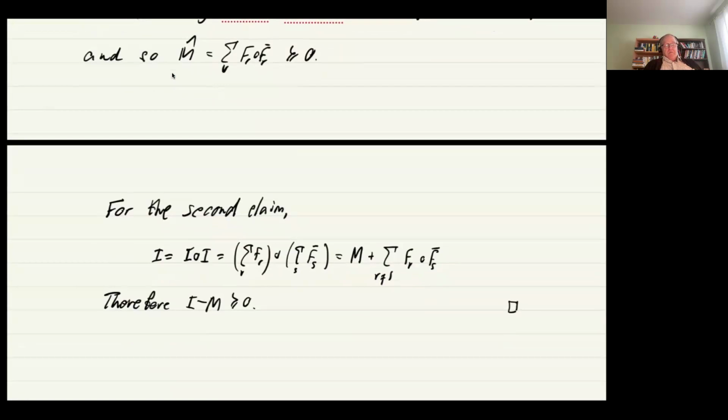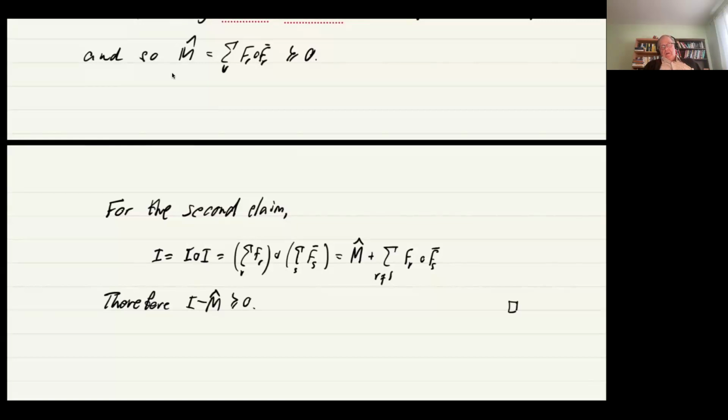For the second claim, we say, well, we've got the identity matrix as the Schur square of itself, and so the identity is the sum of the idempotents F_r, and equally it's the sum of the complex conjugates of those. When you expand this out, you get, that probably should be an M hat there, this is M hat plus a sum of Schur products of F_r and F_s bar.